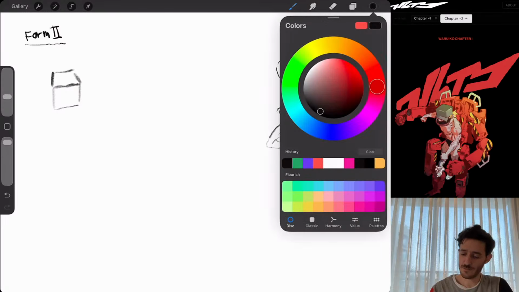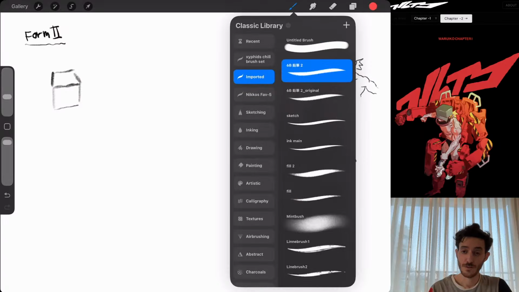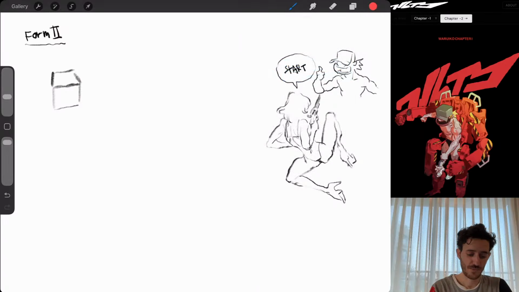And some of the things I saw that people did sometimes looked like this. Right? You would see a cube, but suddenly you would have something like that.